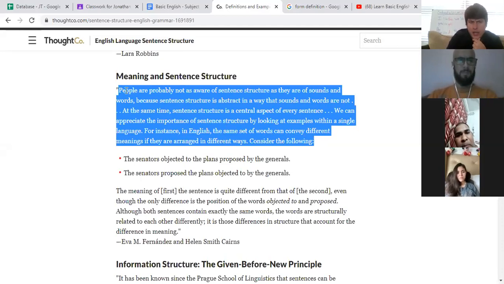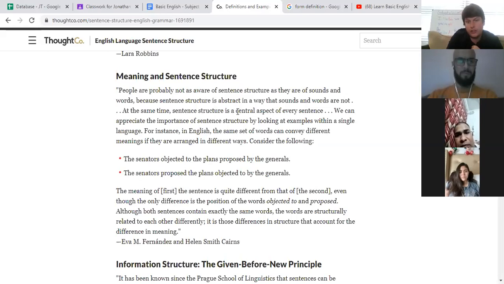People are probably not as aware of sentence structure as they are of sounds and words, because sentence structure is abstract in a way that sounds and words are not. At the same time, sentence structure is a central aspect of every sentence.